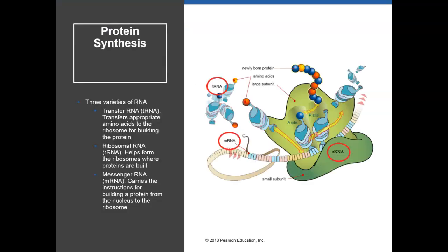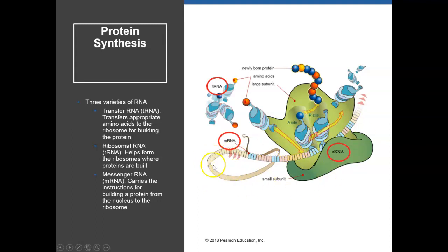There are 3 types of RNA. We have the large, what everybody knows, ribosomal RNA, or the ribosome, which has 2 subunits, a large and a small subunit. We have the mRNA, which is what is produced during transcription.